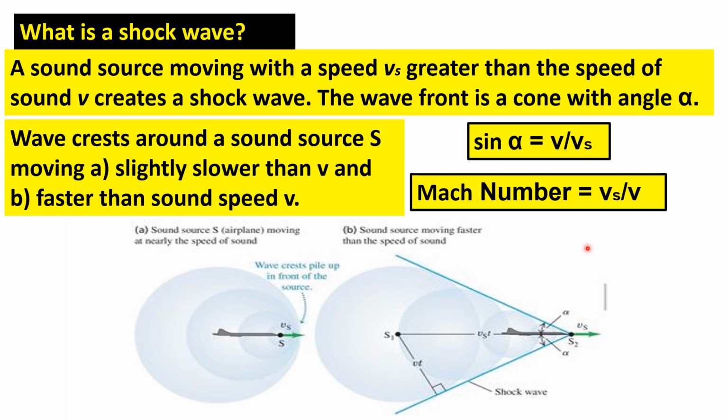Mach 2. That is the meaning of this quantity or term known as Mach number. All right. That relationship, the sine alpha, is taken from this imaginary right triangle. Okay.